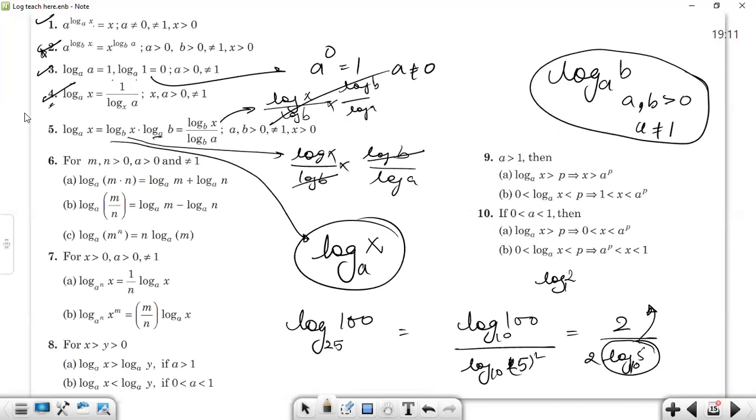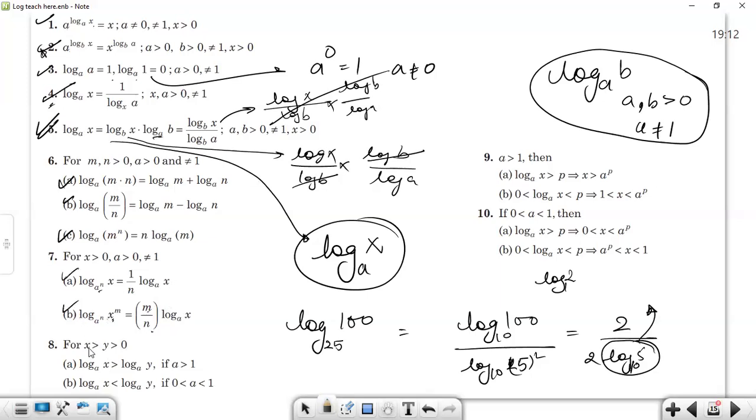Understood the convenience of this property, the use case? Yes, sir. We have already discussed these properties. We have also discussed the property where there was a power in the base, it comes in the denominator part, getting divided, and when the power is on the argument, it is multiplied.